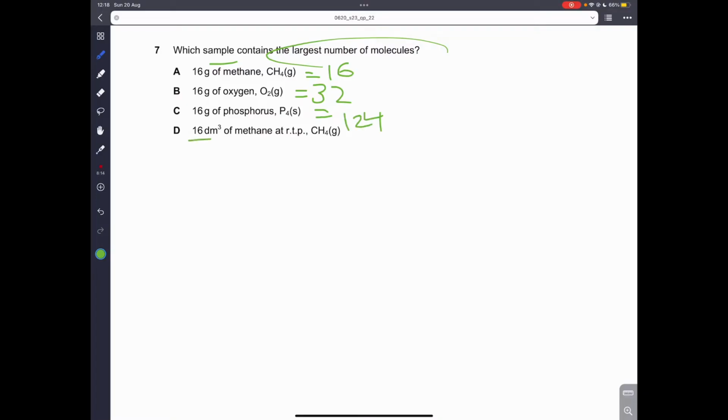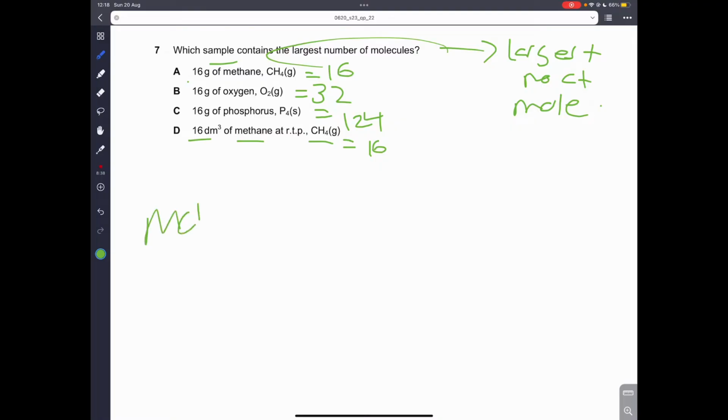And then 16 dm cubed of methane, CH4, which is also 16 grams per mole. Now we have to find the largest number of molecules, basically find the largest number of moles.